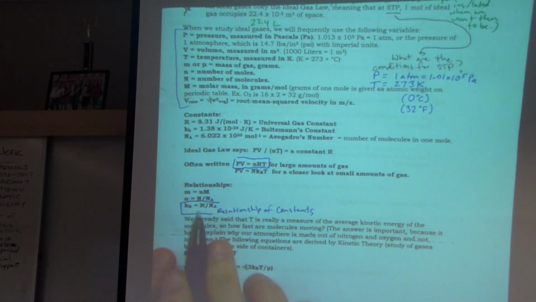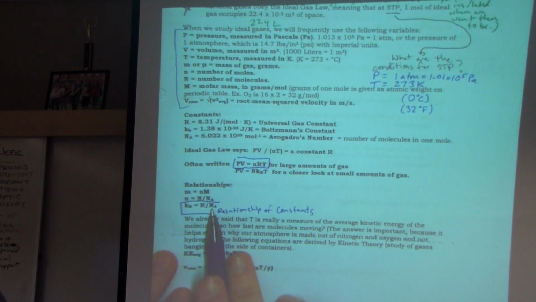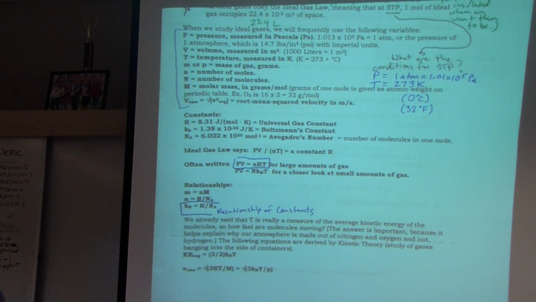Where R is the universal gas constant, which I wrote right up here, 8.31. Na is Avogadro's number, and Kb is Boltzmann's constant. It all has to do with the number of molecules.